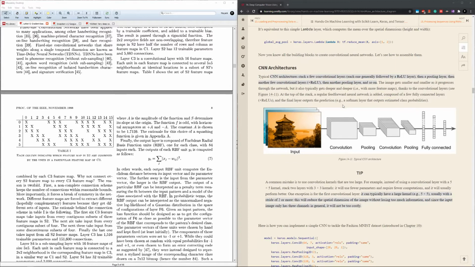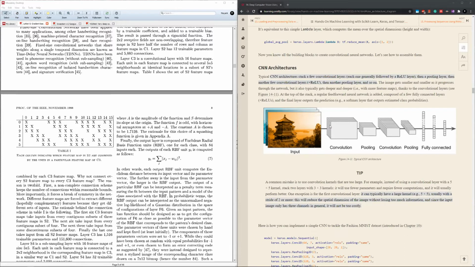So generally, what the author says is about a typical, general CNN architecture in which we have an input image with the RGB channels, and we apply a layer of convolutions to it.